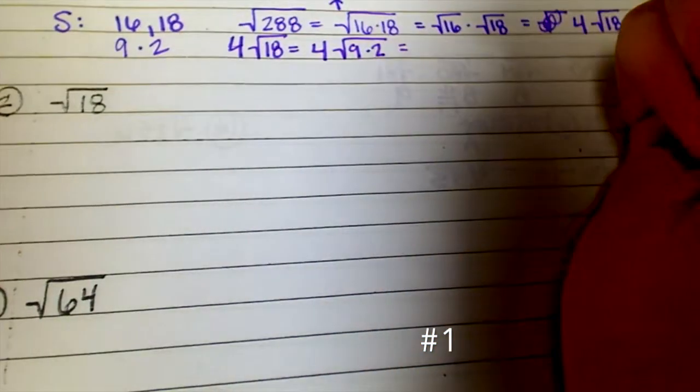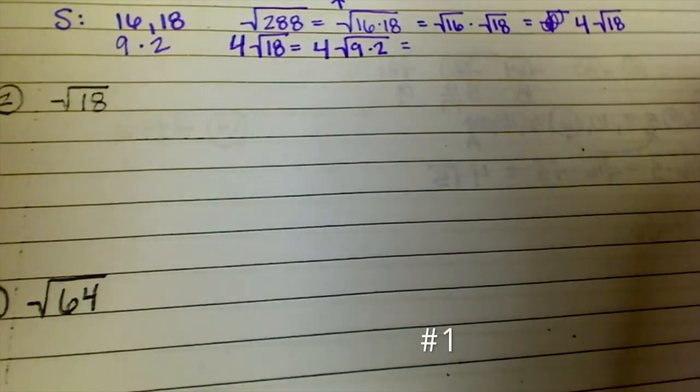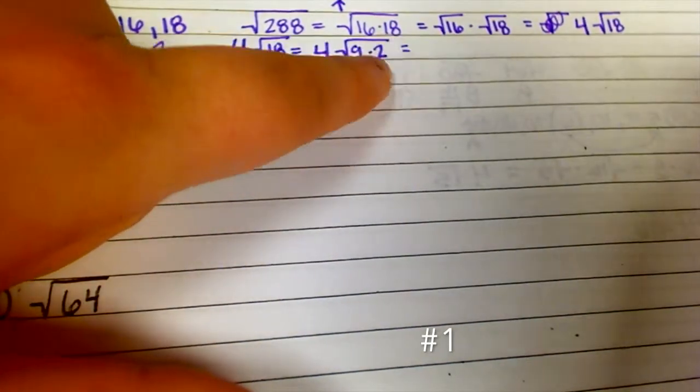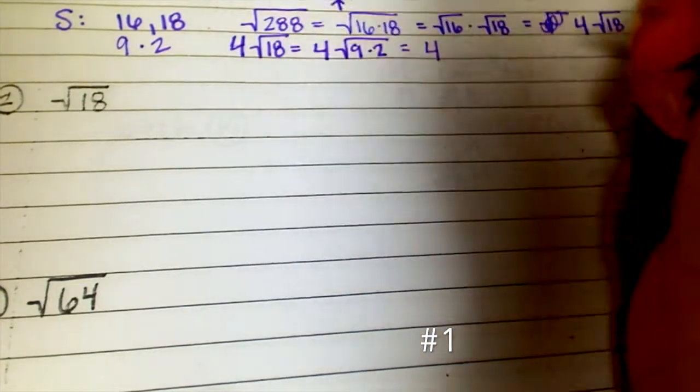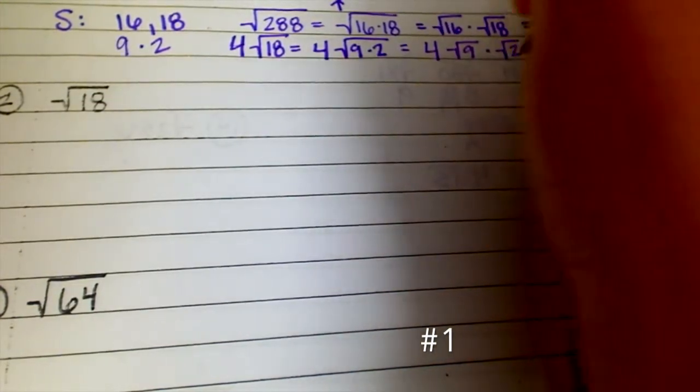So I'm going to rewrite 4 times the square root of 18 as 4 times the square root of 9 times 2. And then we bust this apart, so we keep 4 times the square root of 9 times the square root of 2.